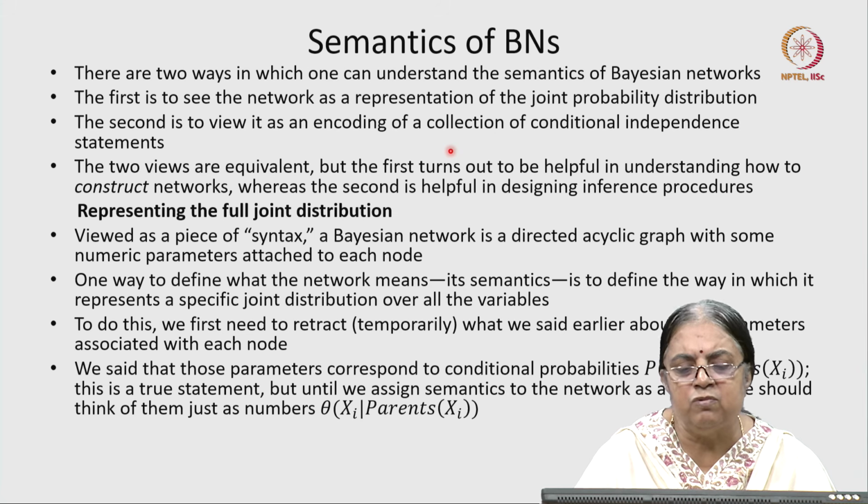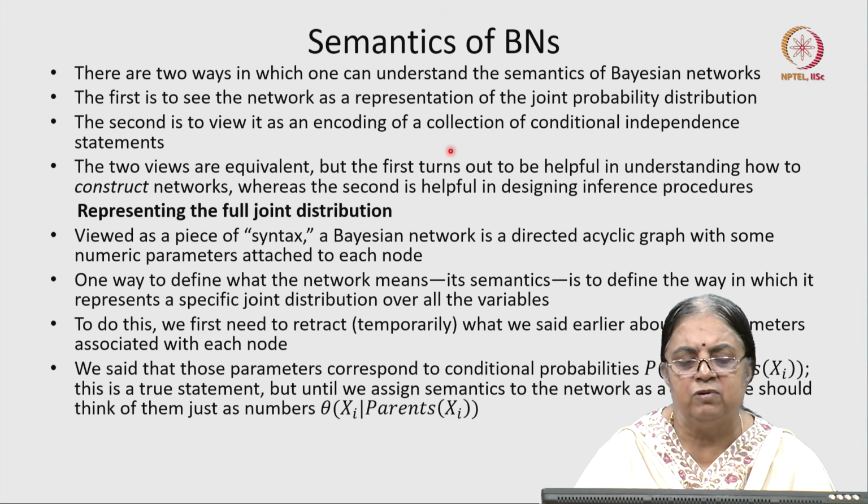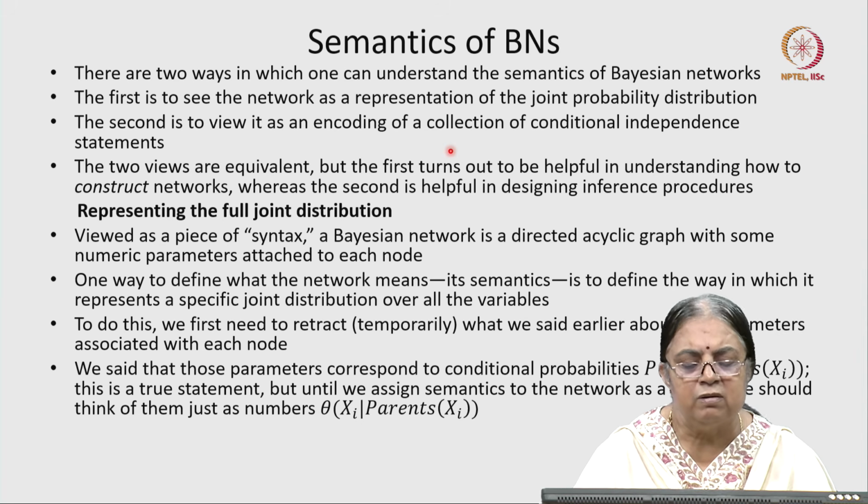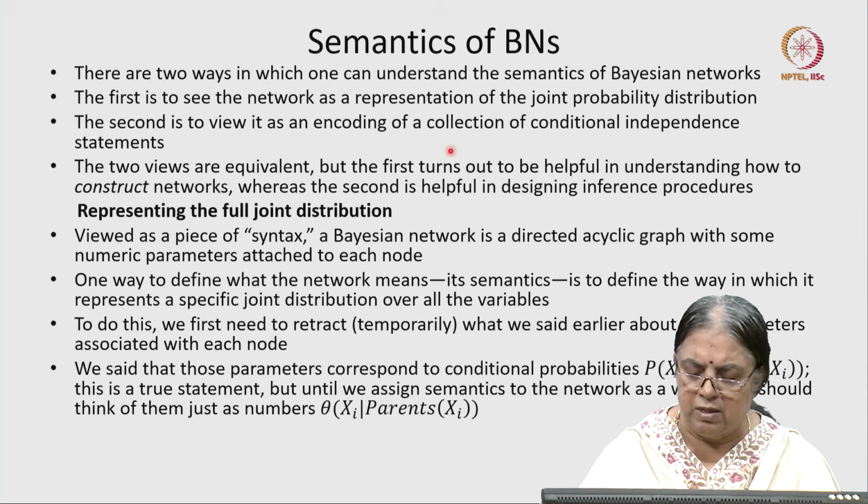But here we know that the node is only influenced by the parents of the node. Because of that you can reduce the complexity that you are basically working on.